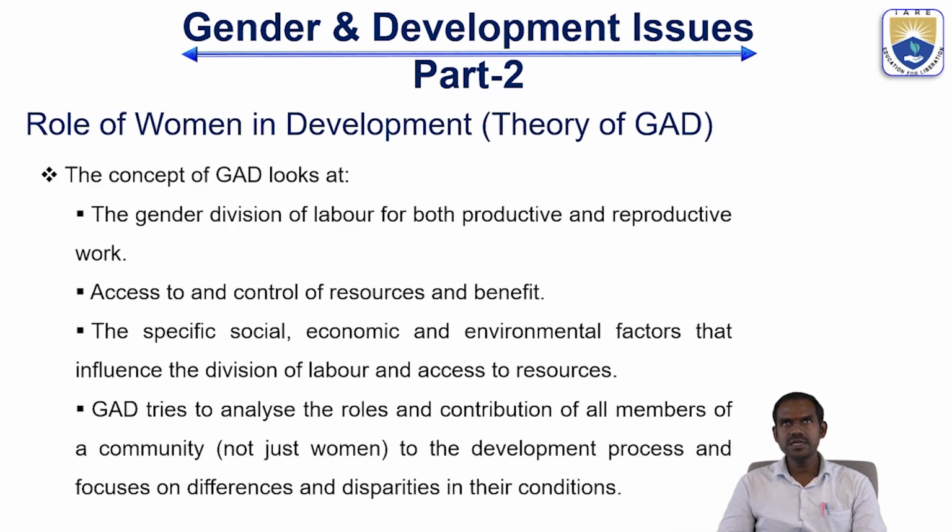In continuation, the concept of GAD looks at the gender division of labor for both productive and reproductive work, access to and control of resources and benefit, and the specific social, economic, and environmental factors that influence the division of labor and access to resources.